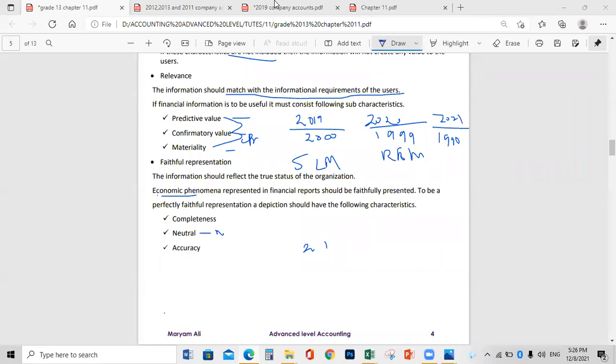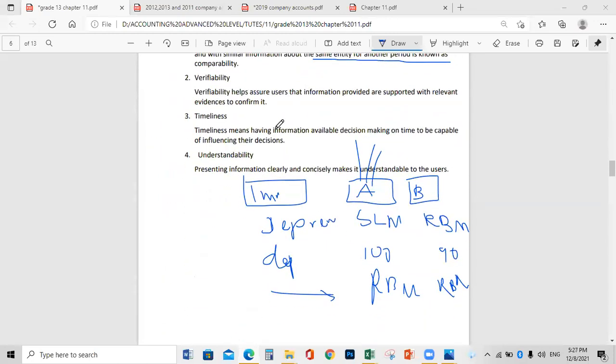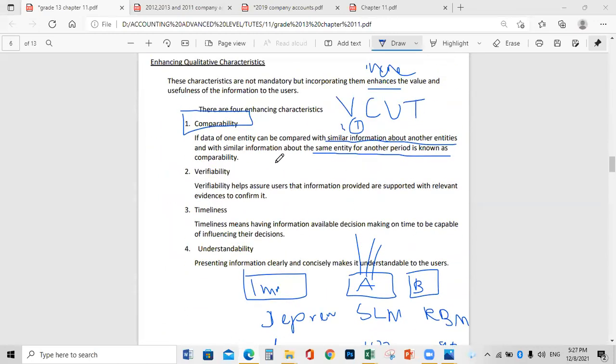So guys, when it comes to comparability, we say the organization should always have information so that users can compare with the similar entities, as well as with past information about another period. That means 2018, 19, 20, they should be able to compare with all the previous years. That means, guys, you should follow the same thing continuously. What do you call that? When you're following the same thing continuously without changing, what do you call that word?